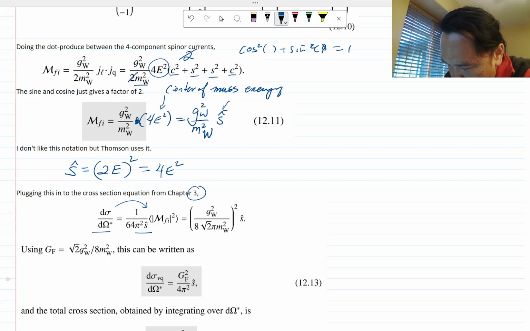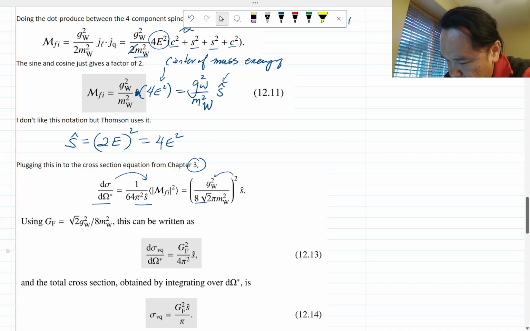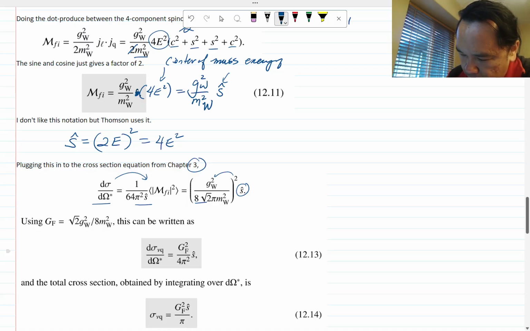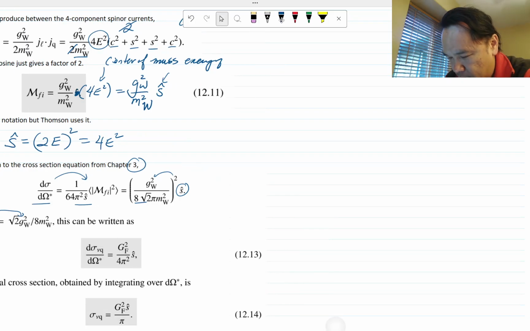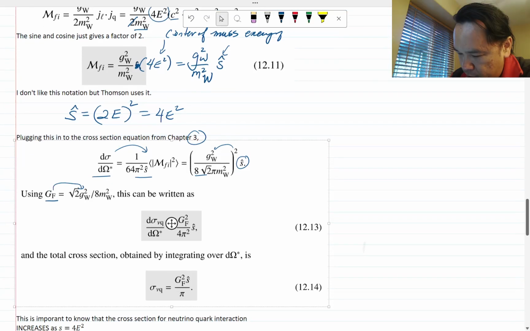What you end up with is basically g to the 4th power, because this gets squared also, and then you have this kind of complicated thing, and then you have the mass of the W times the S, the center of mass still. What we're going to do is convert this to G Fermi. G Fermi is equal to this. It actually makes the equation much simpler.